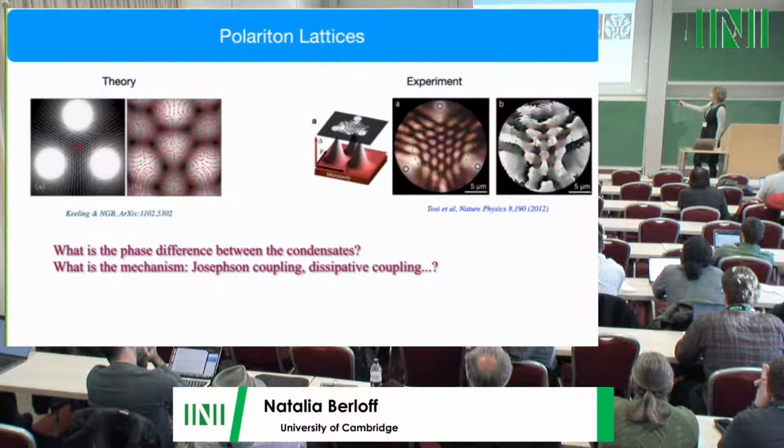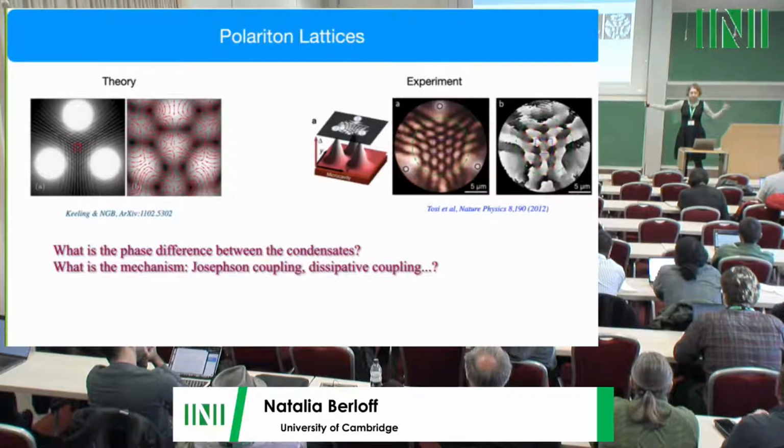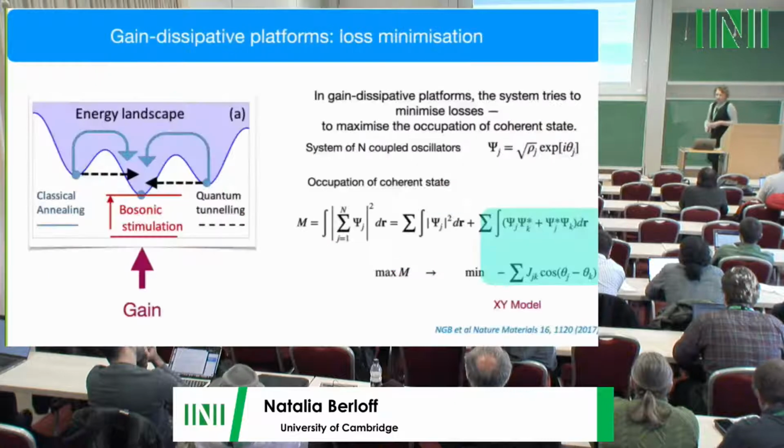But what was very interesting, what emerged from this experiment, is that you can put these condensates very far apart from each other. Nevertheless, they arrange and they have a fixed phase difference. So we explored this further.